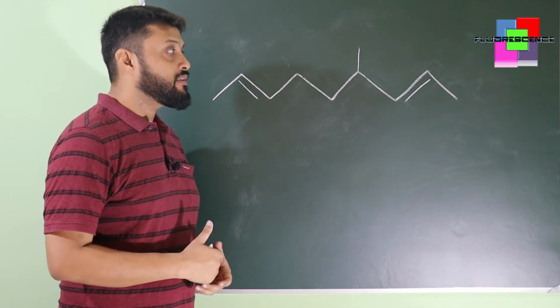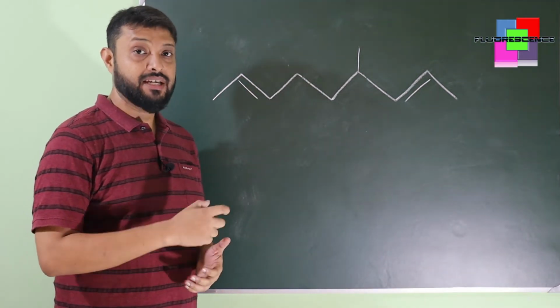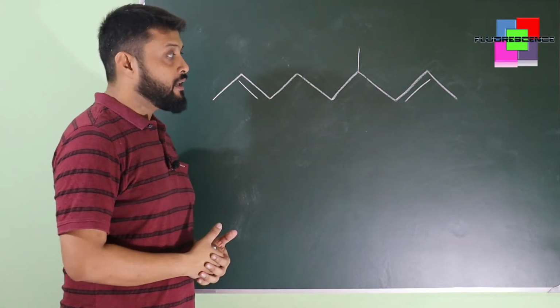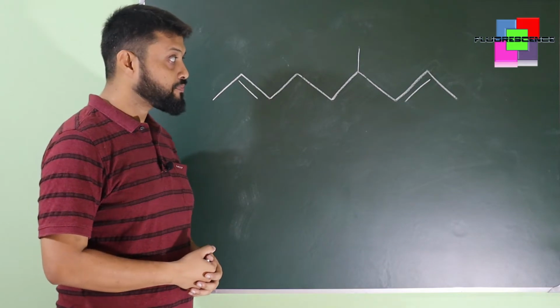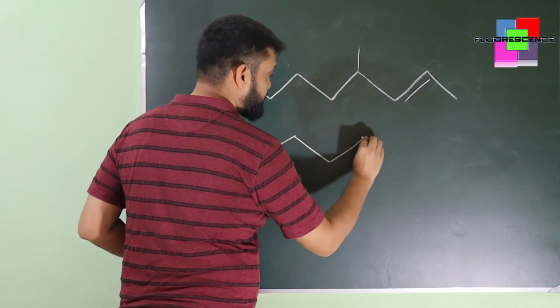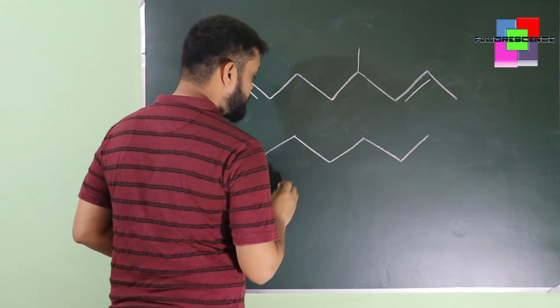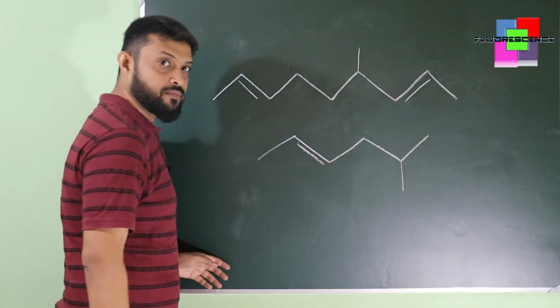Now see, if we are having identical position of double bonds and any substitution, in that case, always give priority to double bonds. For example, suppose you have a compound something like this.